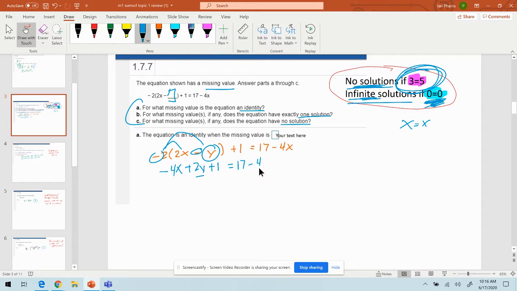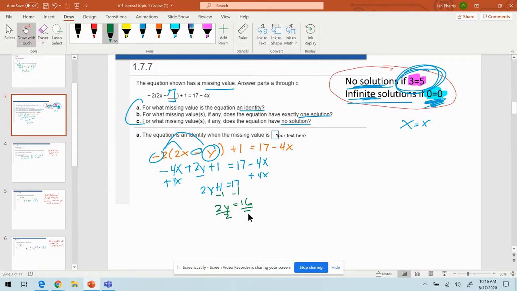and that equals 17 minus 4x. Okay, so what happens is when I add this 4x to both sides, look what happens to the x's. They wipe out. So I'm left with 2y plus 1 equals 17. Subtract 1 from both sides, and you get 2y equals 16.